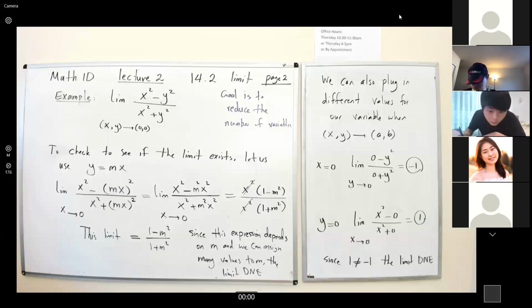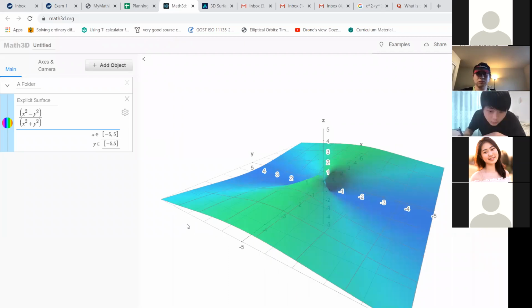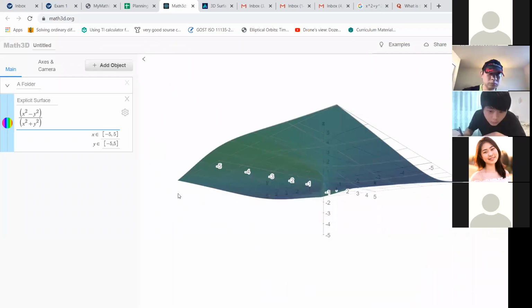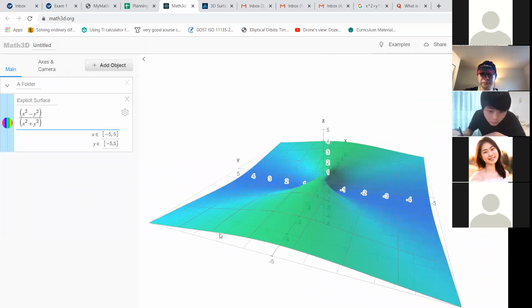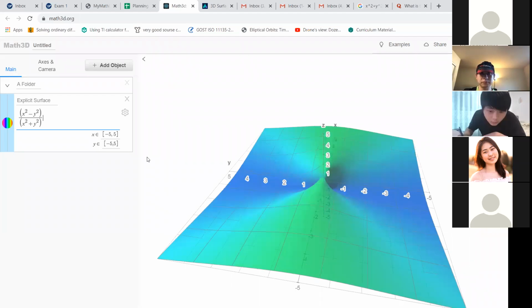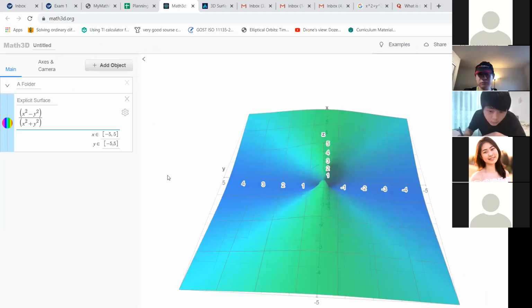Let us take a look at the graph of the function. This is the graph of your function, x squared minus y squared divided by x squared plus y squared.